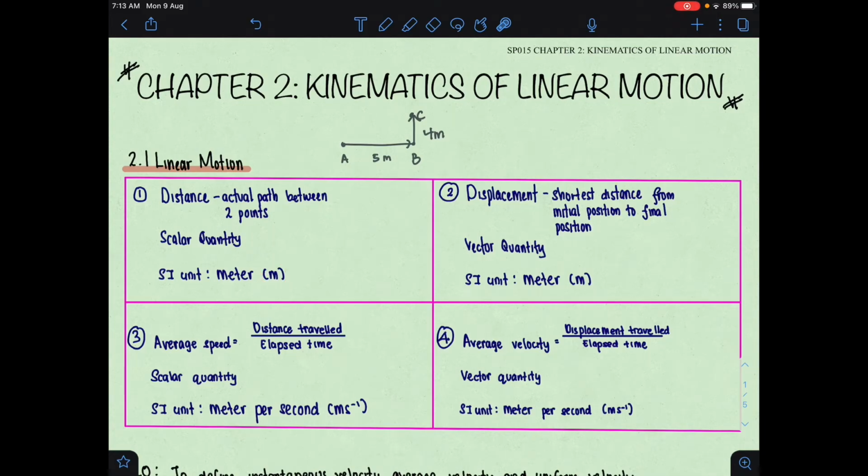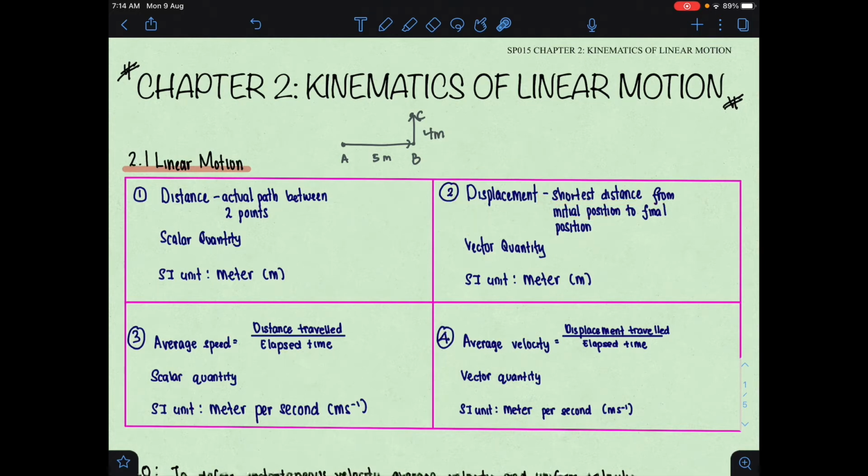Whereas a displacement is the shortest distance from initial position to final position. So it is basically the shortest distance between 2 points. So referring to the example given above here, your journey started from point A, you went to point B, and then you went to point C. So your starting point, your initial point here is A, and your final position here is point C. So displacement here is referred to as the shortest distance from initial position to final position.